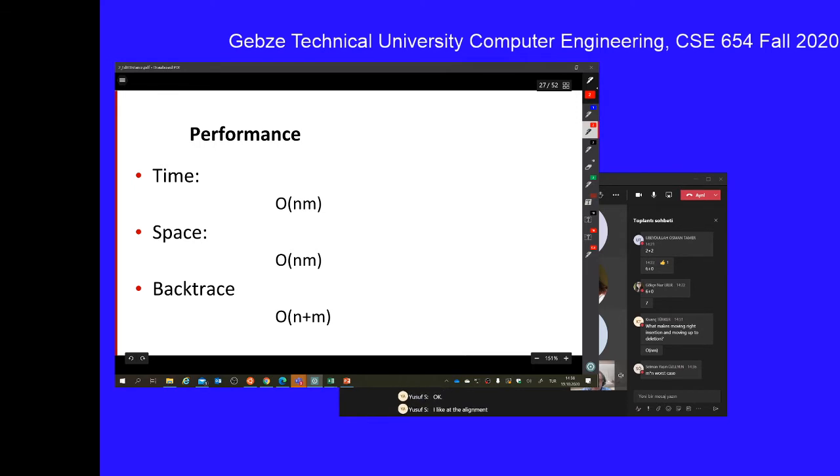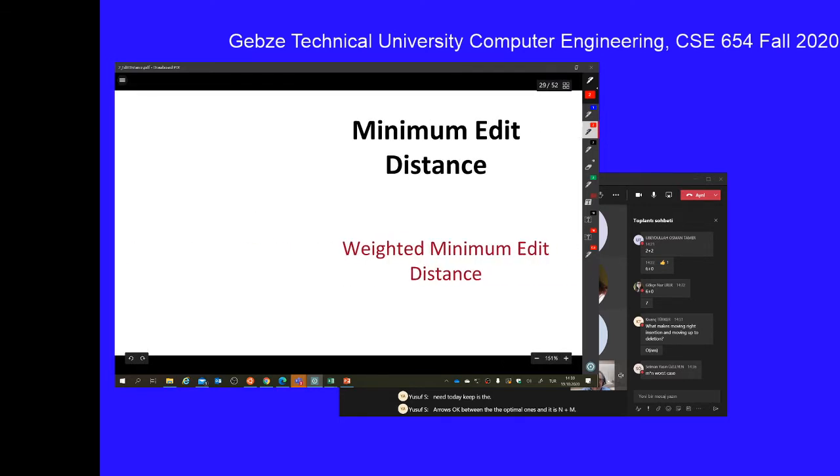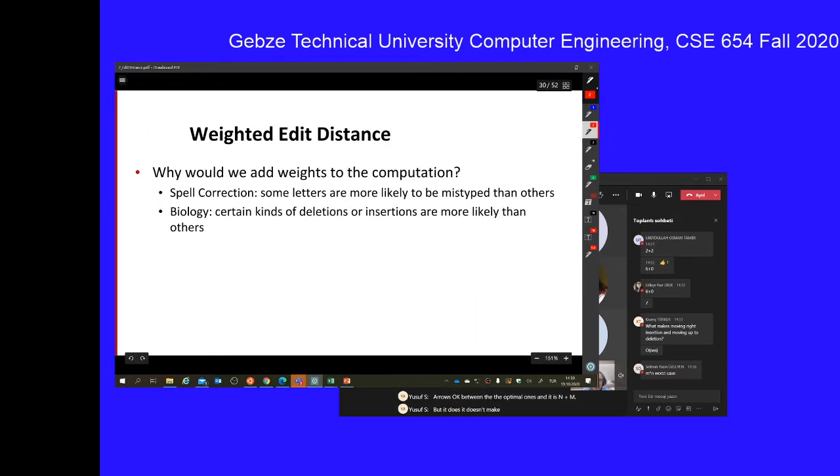For backtracing, all you need to keep is the arrows between the optimal ones, and it is N plus M. But it doesn't make much difference because I am already spending n times n space. Okay, so weighted edit distance is something that people use in many places.